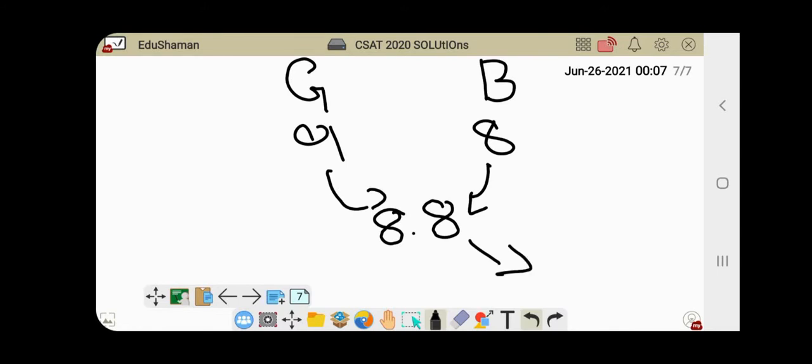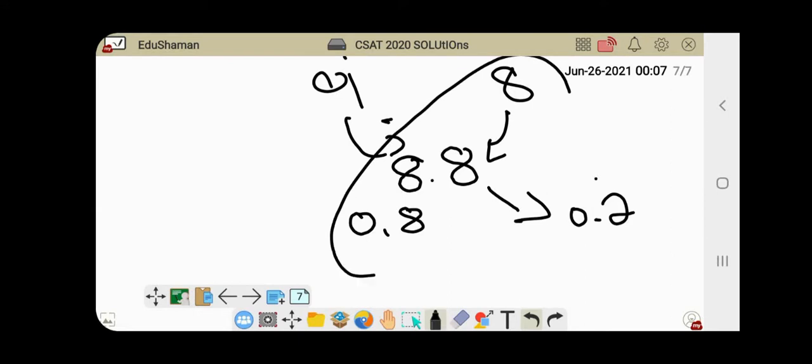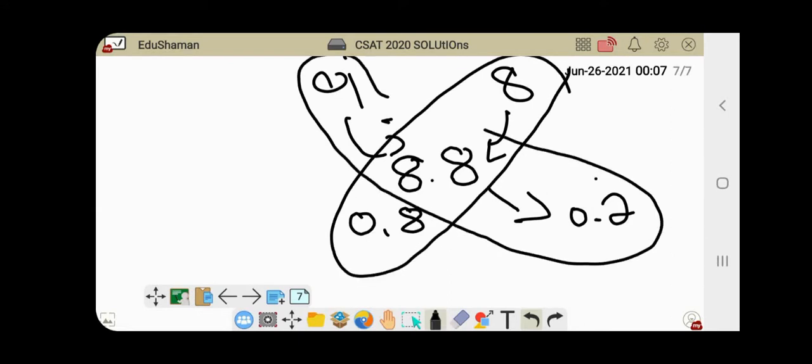9 minus 8.8 should come here as 0.2, and 8.8 minus 8, only the difference. You can't have a negative number. 8.8 minus 8, you will get it as 0.8 here. So it has to come in a cross manner like this. Okay, 8.8 minus 8 and 9 minus 8.8 as 0.2.